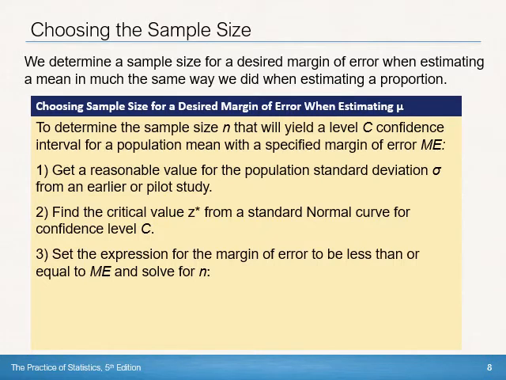So we resort back to a z-score. We pretend like we're dealing with a standardized normal curve, so we use a critical z value rather than the T value. The last thing is we set that margin of error to be less than a certain amount that we want. So we set that formula less than or equal to a certain margin of error.